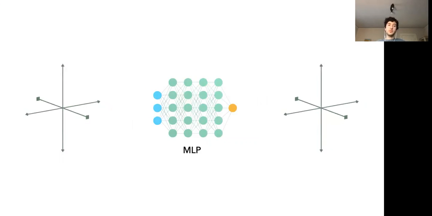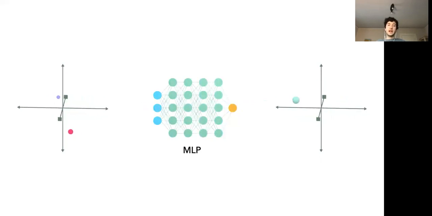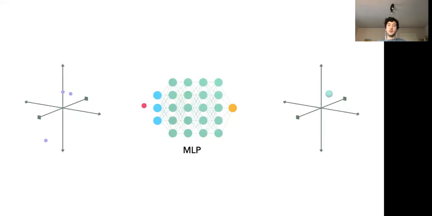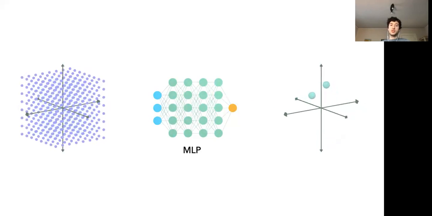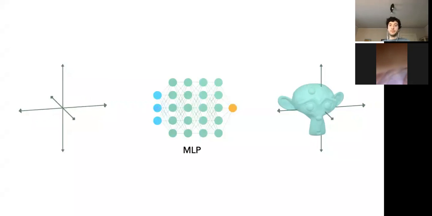For example, you can have an MLP that takes in a 3D coordinate and then outputs a binary value indicating whether the point lies inside or outside the 3D object. This is fundamentally a continuous representation, and it can be densely sampled to recover the encoded shape.